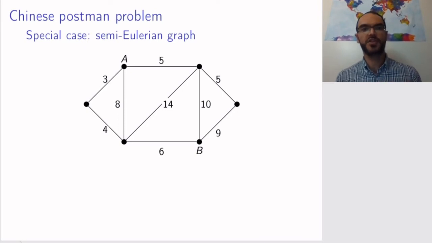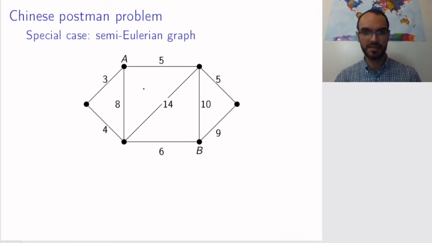But we'll look at a special case that will both capture the idea and refer the problem back to a problem we have already solved. And that's the case of a semi-Eulerian graph. If you remember the case I drew on the last page where we just had to double one edge, that graph was semi-Eulerian, and that is how it worked.